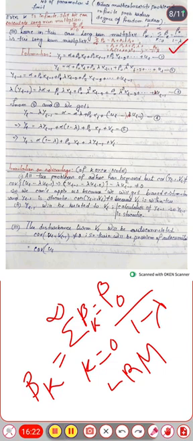From this line we can show that the sum over k equal to 0 to infinity of beta k is equal to beta naught plus beta 1 plus beta 2 up to infinity.